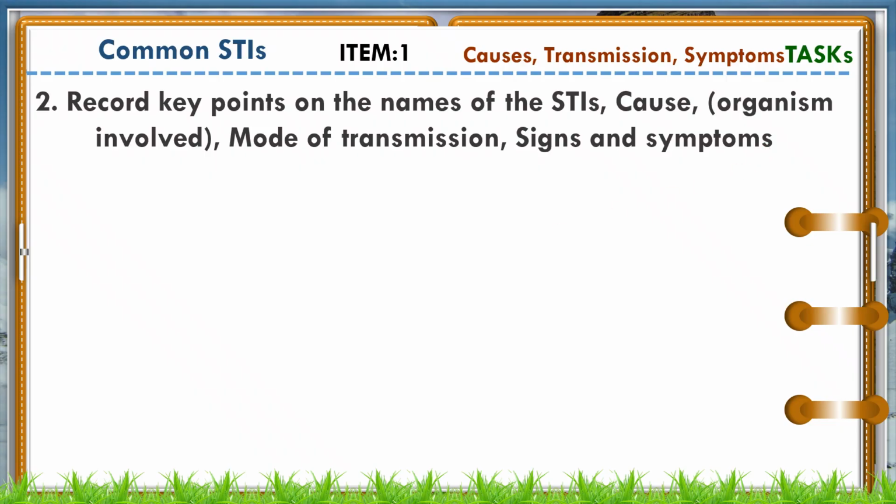From the explanation that we have had at the other side, at least now we have some key points on the named STIs. We can try to look for the causes, organisms involved, the mode of transmission, signs and symptoms. Now let us dive into these key points and see the different STIs.